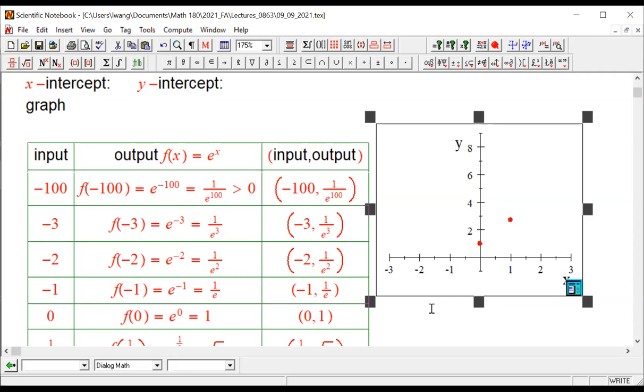You see? Now, as you're doing this, I'm asking you to do one more thing for me and make this a habit, okay? You're going to mark these points, 0, 1. And this one, 1, e. Could you do that for me?